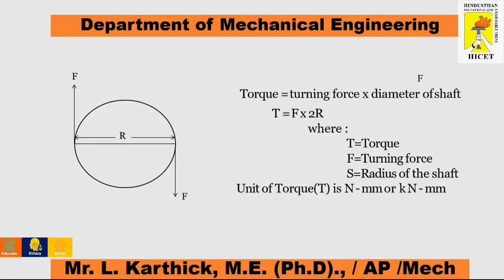Torque is denoted as T, and the turning force F multiplied by the diameter of the shaft, capital D, or else 2 into R. Here T is the torque, F is the turning force, and R is the radius of the shaft. In general, the unit of torque is Newton millimeter or Newton meter, or for higher values, kilonewton millimeter or kilonewton meter.